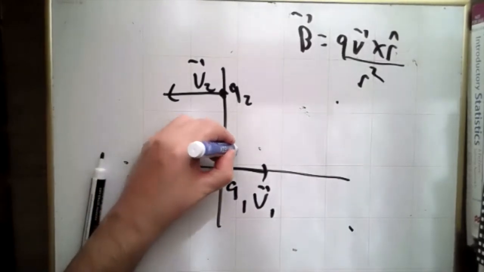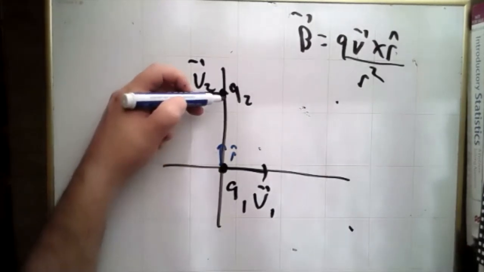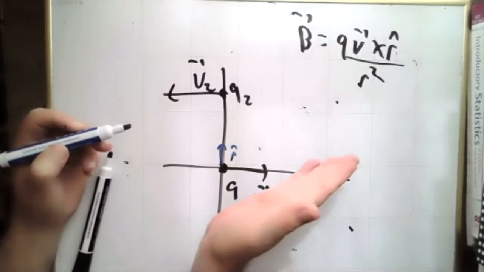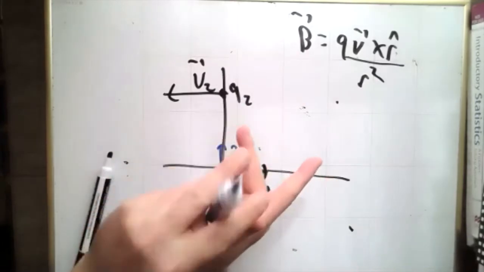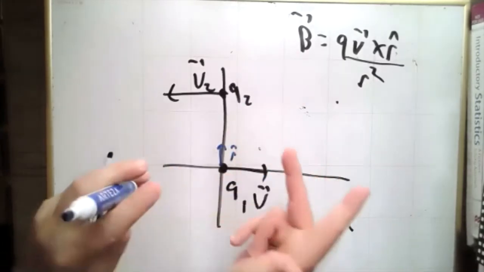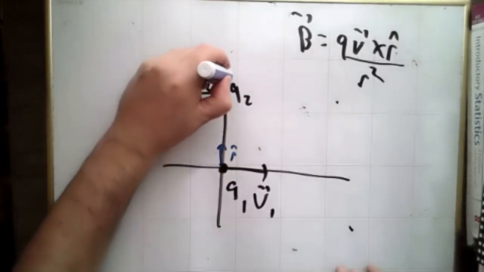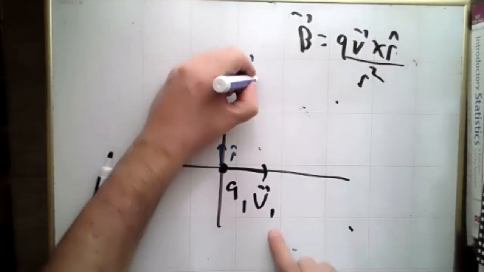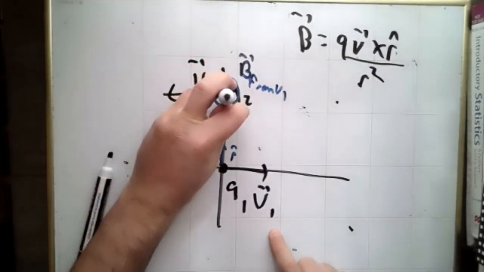So I create a little R hat that points toward my spot that I care about. Then V cross R, or if you prefer to use 3 fingers, V, R, B. The magnetic field will point up at that spot. So B right there, caused by V1, points up, out towards your eyeball.